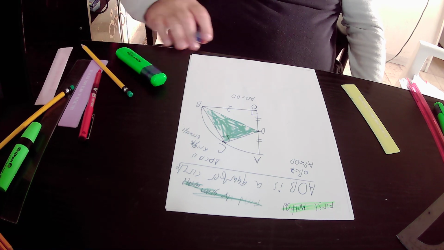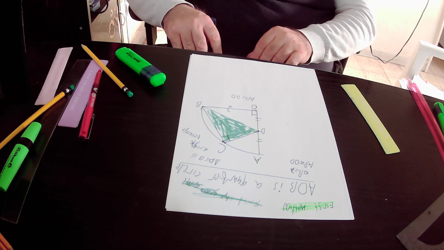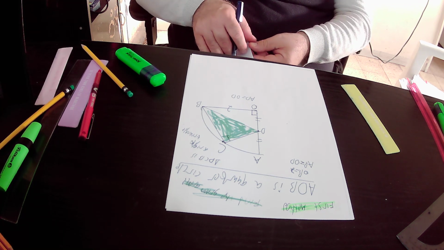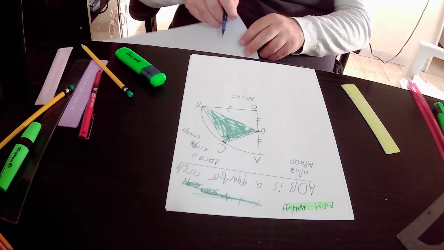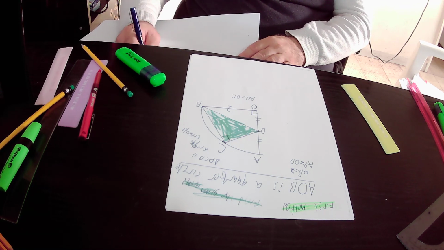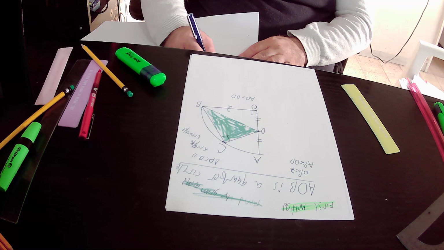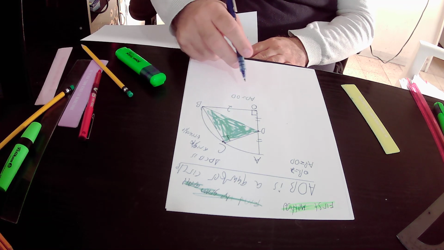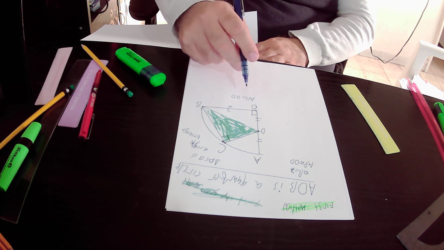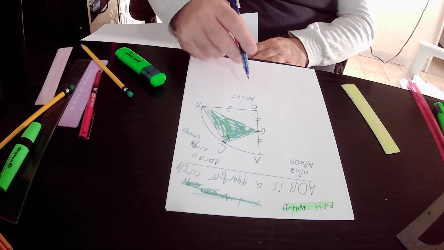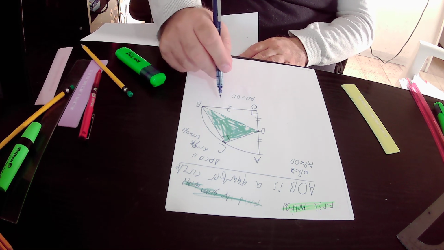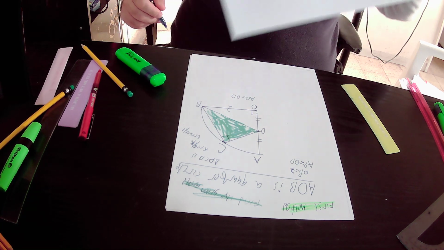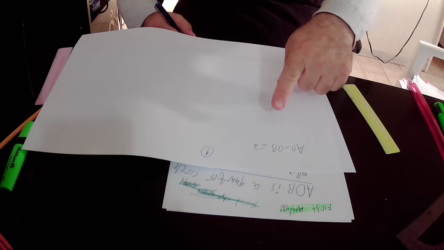So we can write here that AO must be equal to OB, and both of them are the radii of the quarter circle, and it is given in the question that the radius of the quarter circle equals 2 units. So here AO equals OB equals 2.